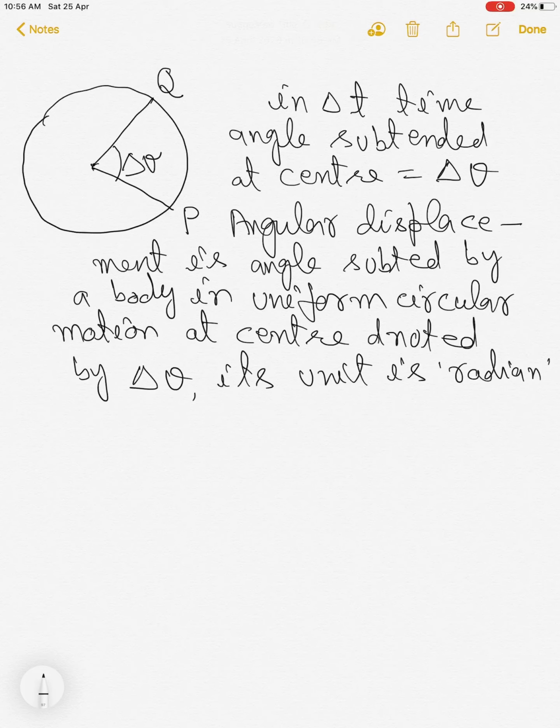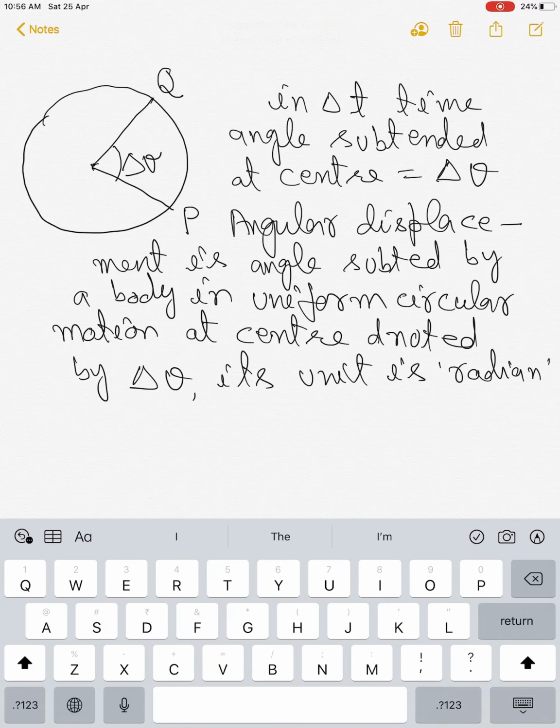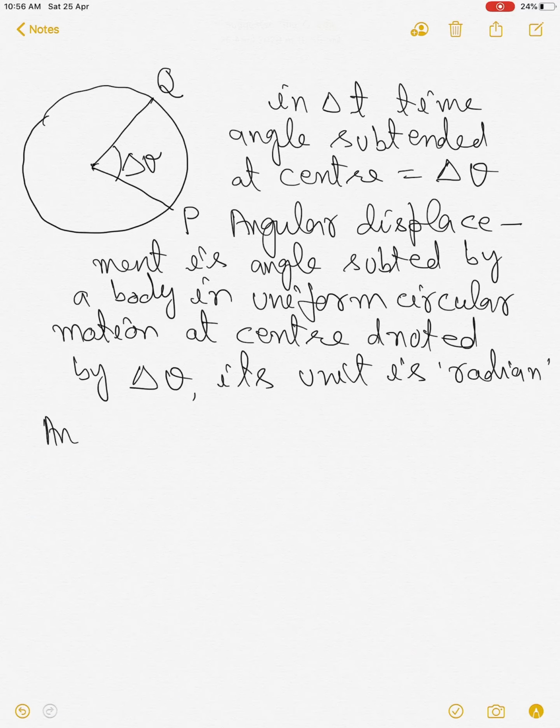And the second term is angular velocity. We know linear velocity is the rate of change of displacement.